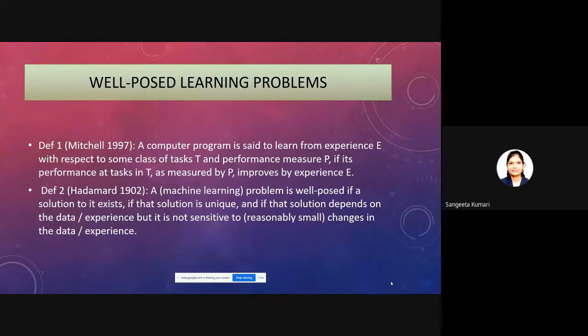According to Mitchell, a computer program is said to be learning from experience with respect to a class of tasks. Here, three important parameters you need to know: a computer program or agent or intelligent program learns from its experience.